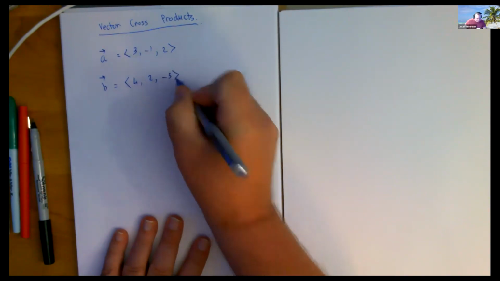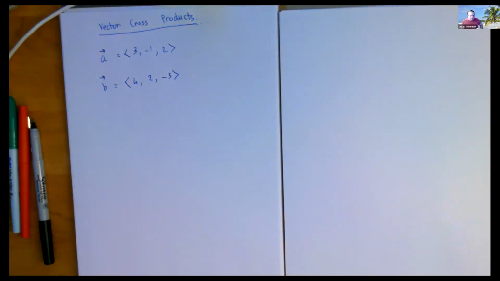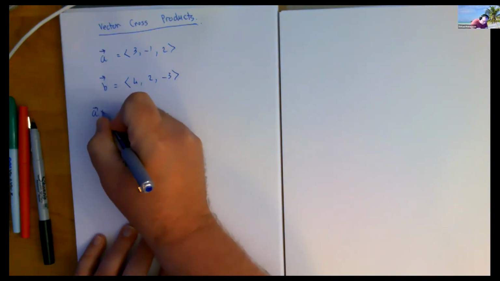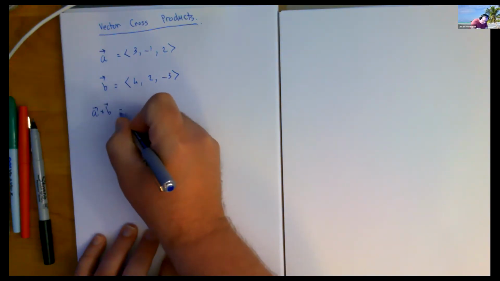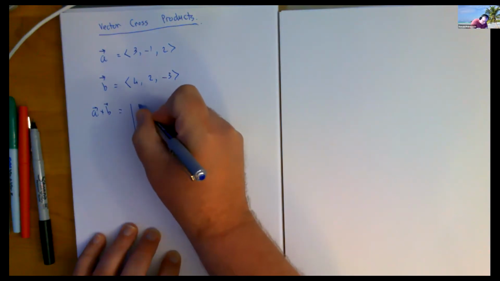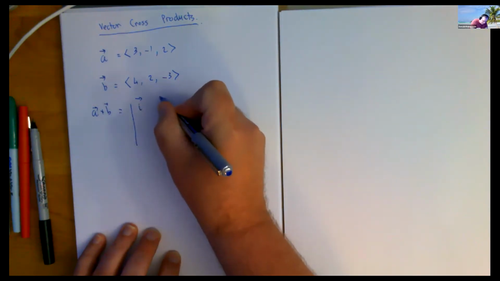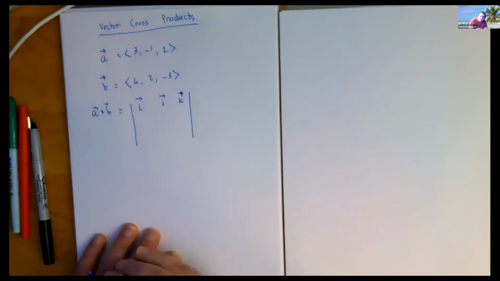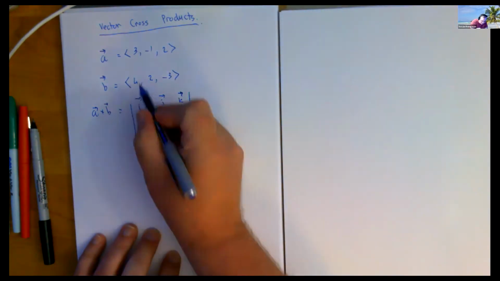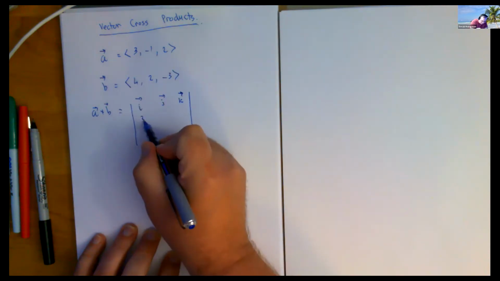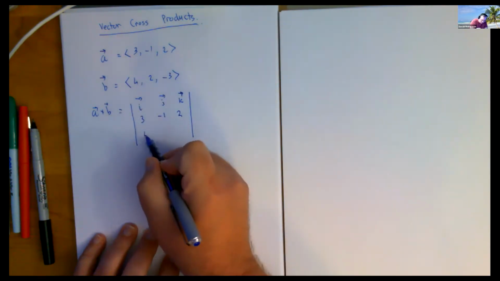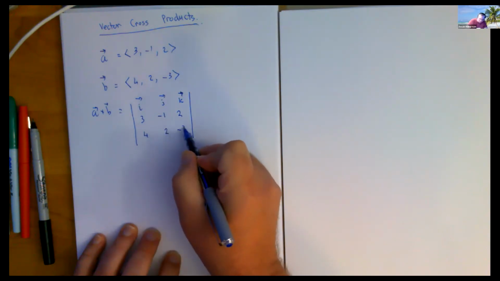Here are two vectors, A and B. If you want to find their cross product, the best way to do it is to set up this three-by-three array and find its determinant. You start with i, j, k, and then vector A's components go in the second row, and vector B's components go on the third row.